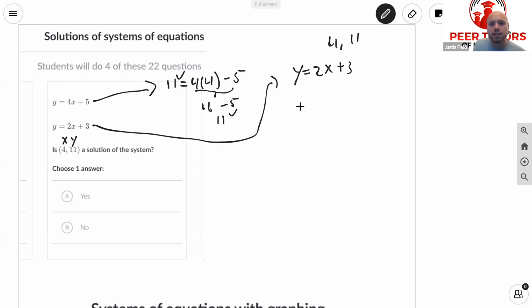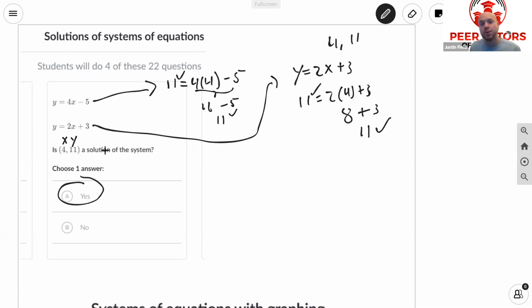So y is 11 equals 2, and then the x is going to be the 4, plus 3. Okay, 2 times 4 is 8 plus 3. 8 plus 3 is 11. Hey! It works in both of them. Because it works in both of them, it is a solution.